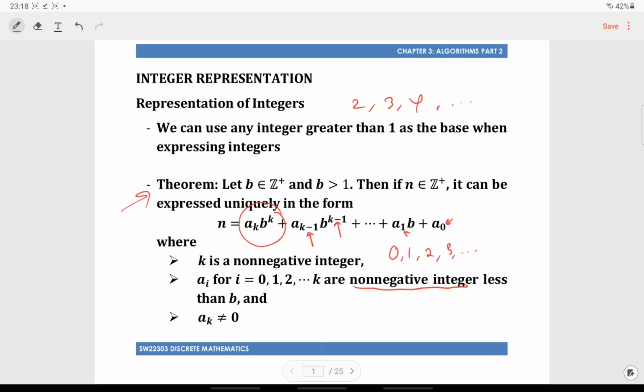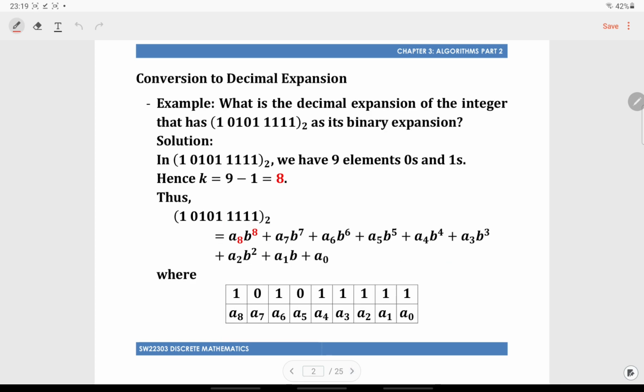So in order to avoid that, we want to make sure this term exists in the addition, so we need a sub k not equal to 0.